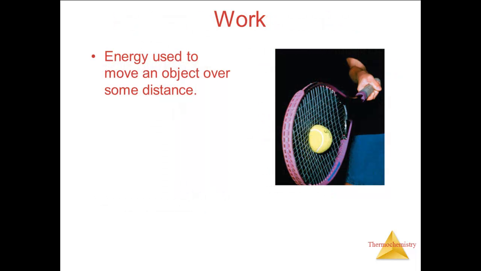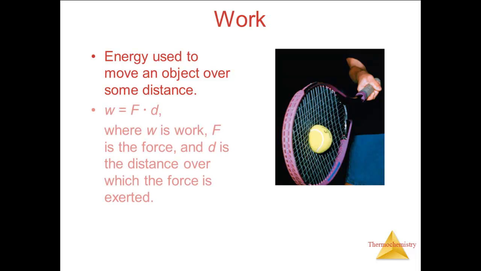As mentioned earlier, work is energy used to make an object move. Specifically, the work is the energy used to move an object through a certain distance. The work, symbol W, done on an object is the force applied to the object times the distance through which it is applied.